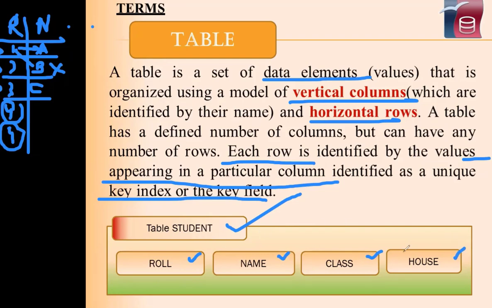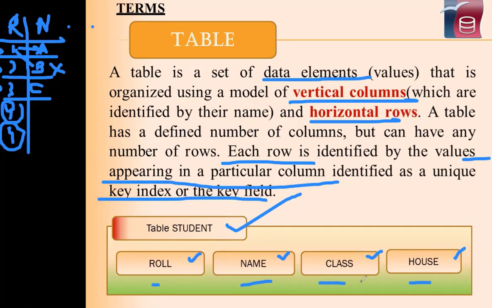Each record over here, this is one structure which I have declared. Now, if there are 20 students in my class, I will be storing 20 records. So for each student, I will store the roll number, the name, the class, and the house.